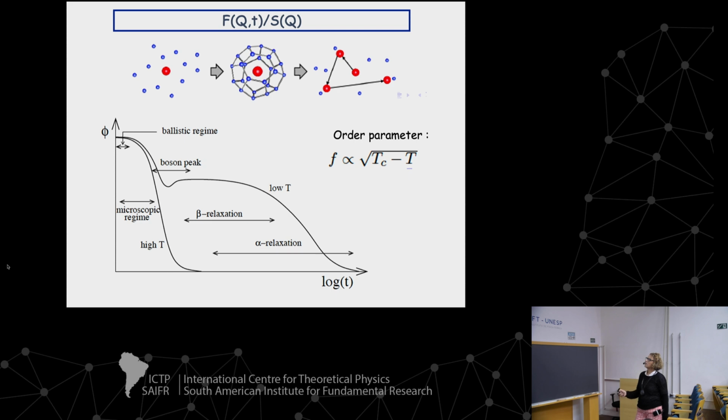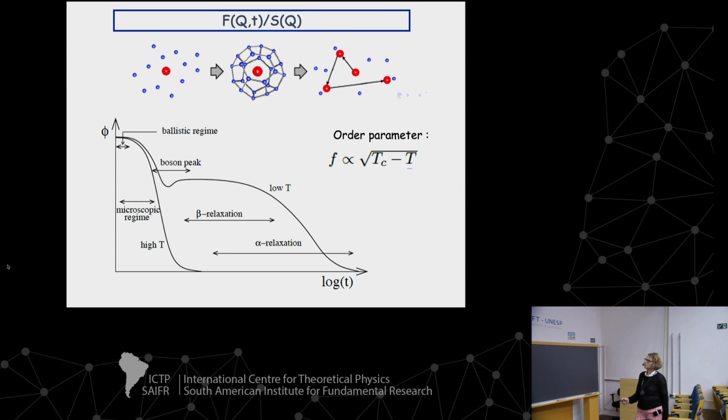The order parameter is f, which is the height of this plateau, and goes like the square root of Tc minus T. Let's recall that the F of Q,t has a ballistic regime at the very beginning. Then it starts decorrelating Gaussianly. Then it goes to the plateau. And then at low T, it decays. This region here, entering and staying in the plateau, is called the beta relaxation.